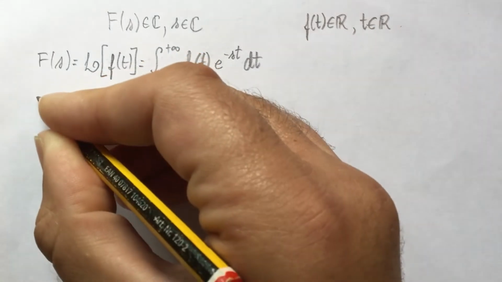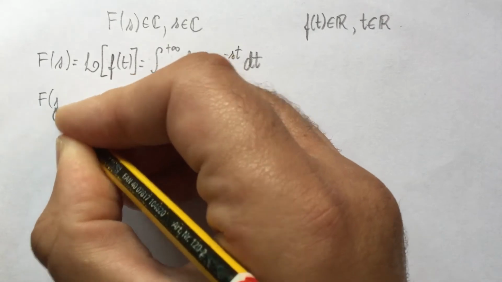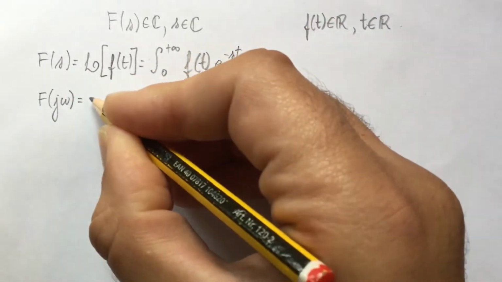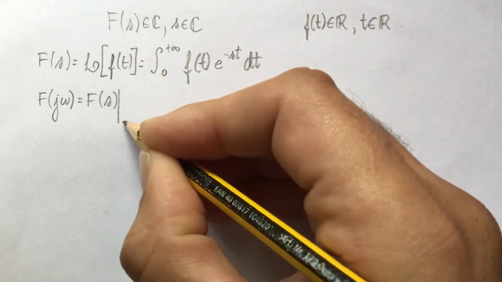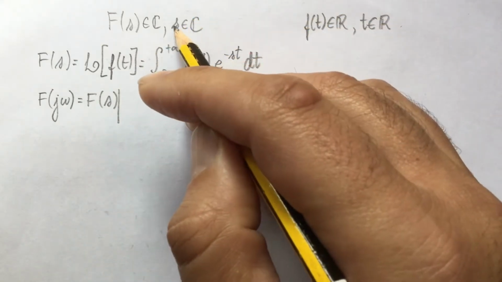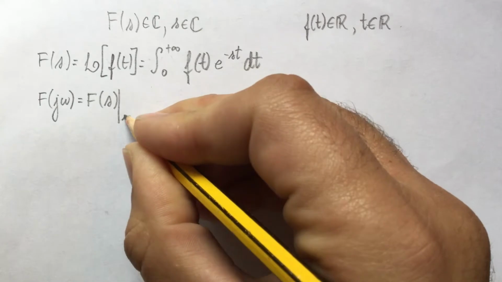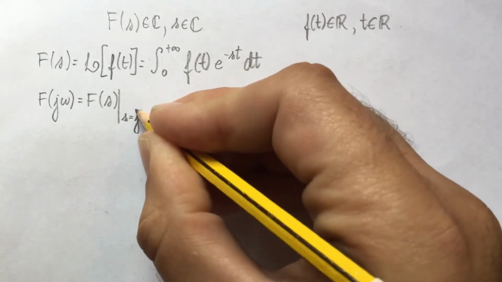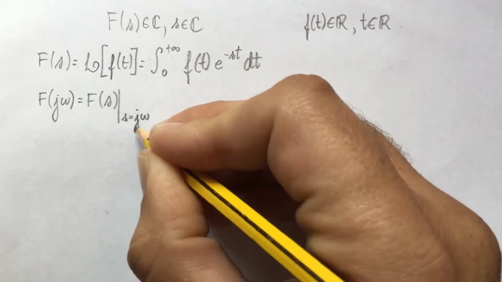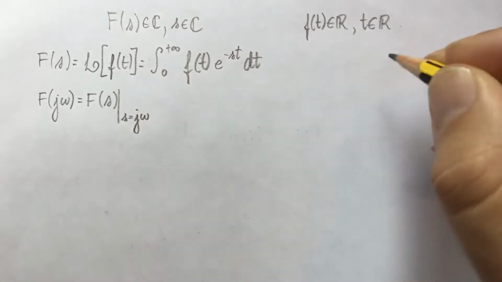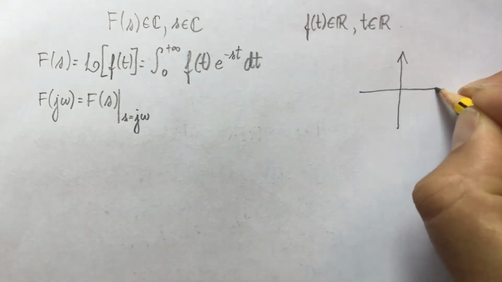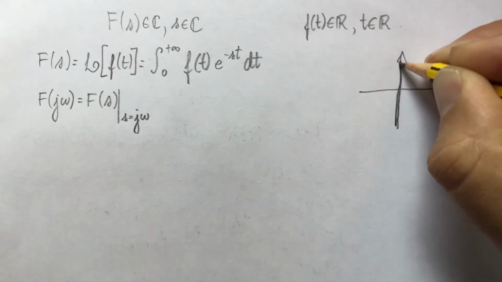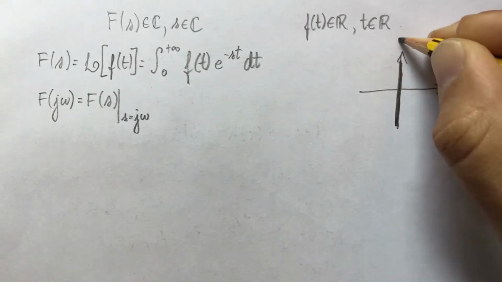The Fourier transform F of j omega is the restriction of the Laplace transform to complex values of s which are purely imaginary, and thus given by j omega, where omega is the coordinate along the imaginary axis.